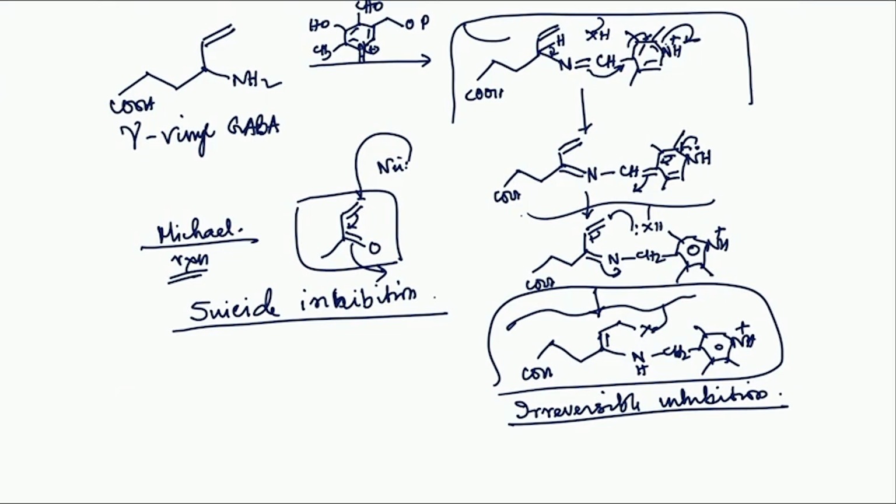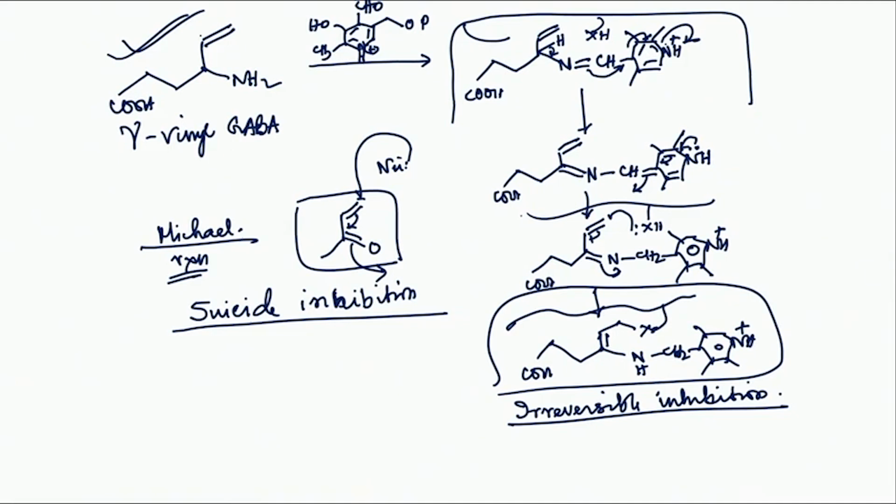So, that is the case here. It is not only irreversible inhibition, it is a suicide inhibition. This is approved as a drug to treat epilepsy, because you are inhibiting that transamination enzyme, the transaminase enzyme.